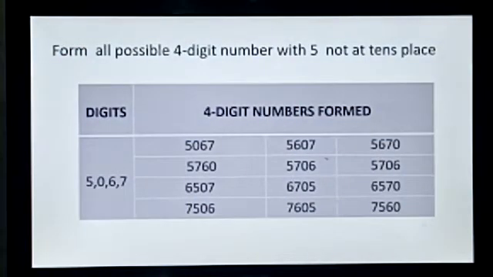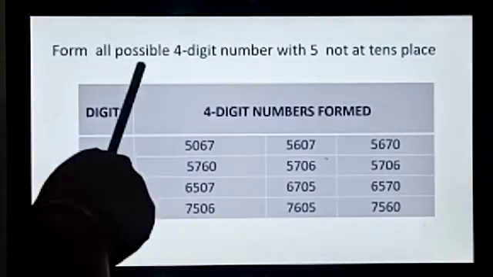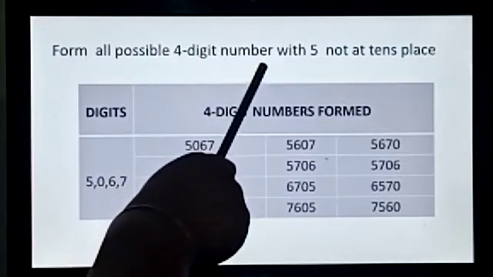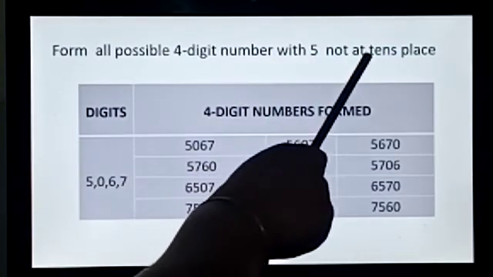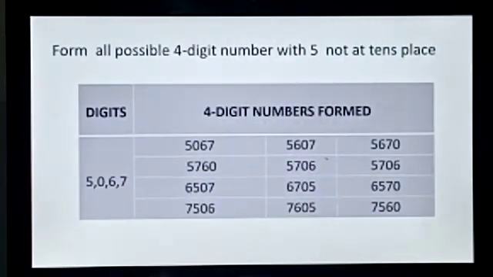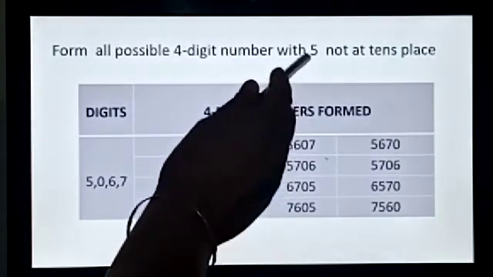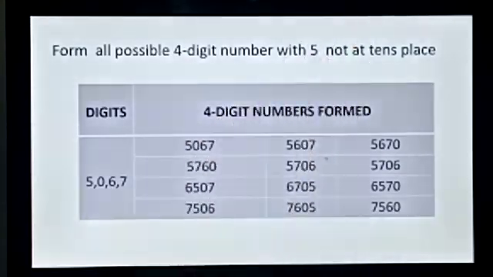The next example. Form all possible 4-digit numbers with 5 not at tens place. So a 4-digit number will be given to us, and there is one hint given to us that the 5 should not be kept in tens place.